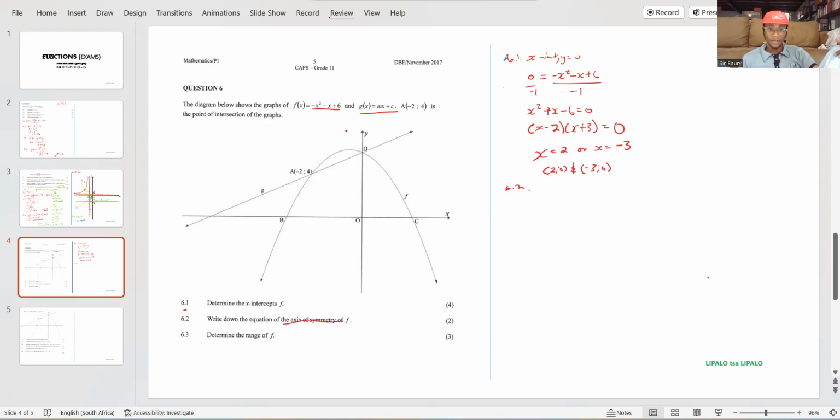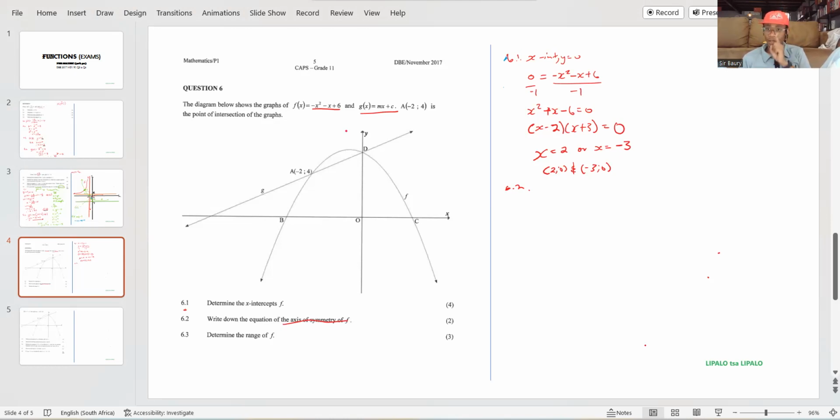Going to the second question. Axis of symmetry of f. The axis of symmetry is the line that divides the function or the graph into 2 equal parts. For the axis of symmetry, the turning point is the one that's going to give the equation.